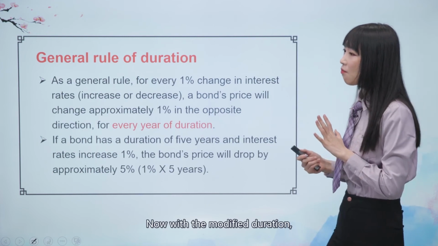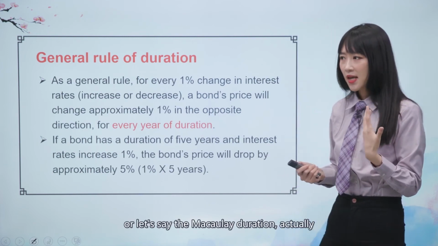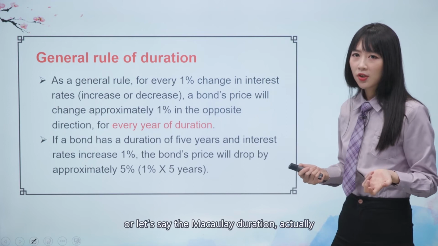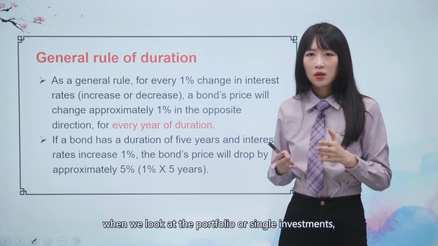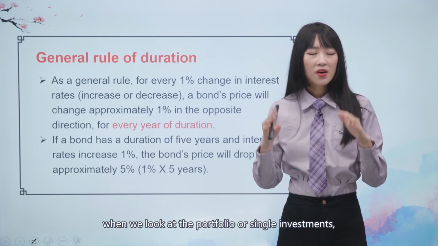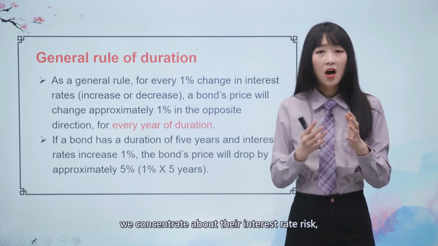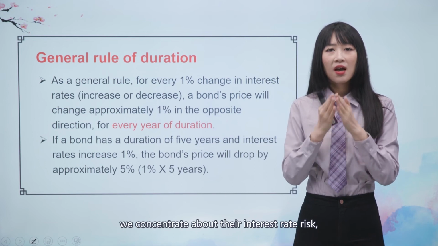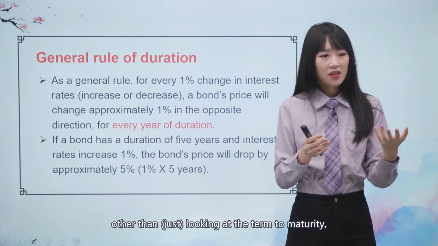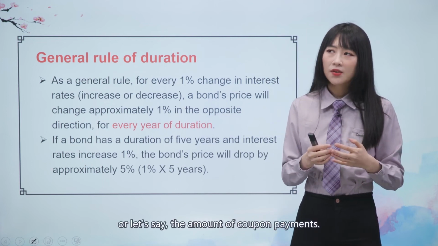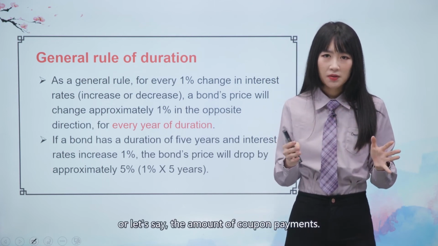With the modified duration, or let's say the Macaulay duration, when we look at the portfolio of single investments, we concentrate on their interest rate risk rather than looking at the term of maturity or the amount of coupon payments.